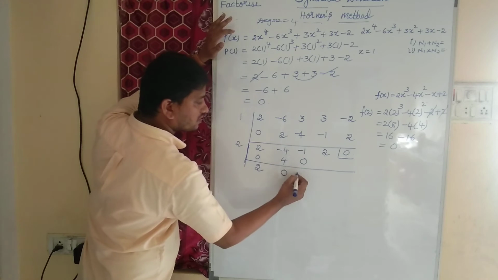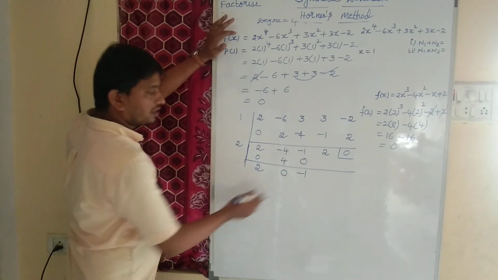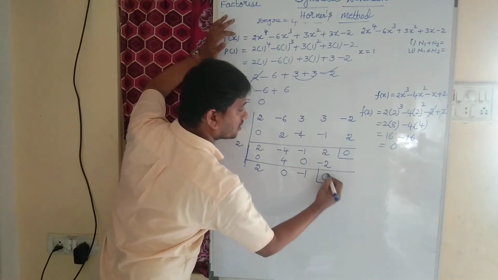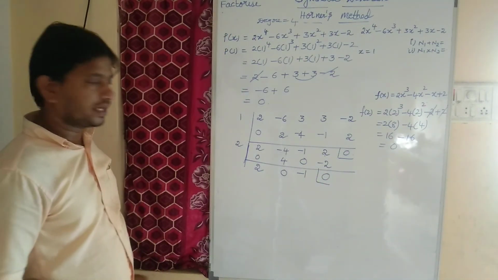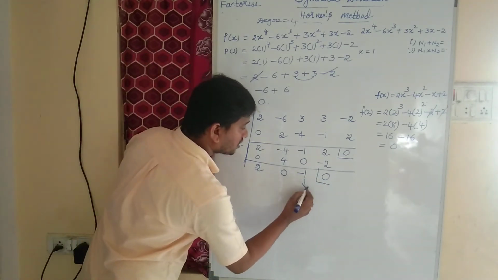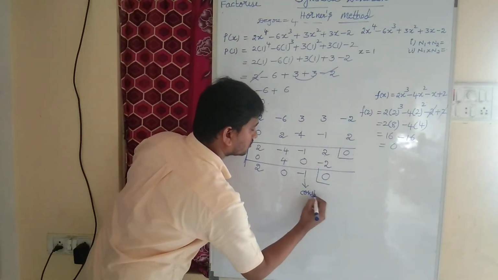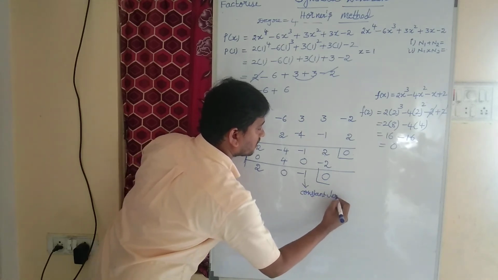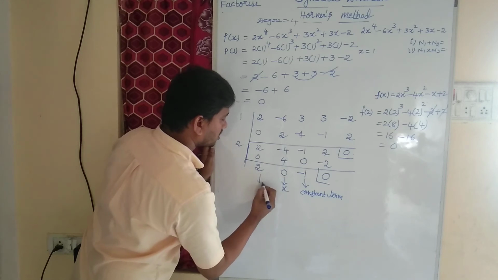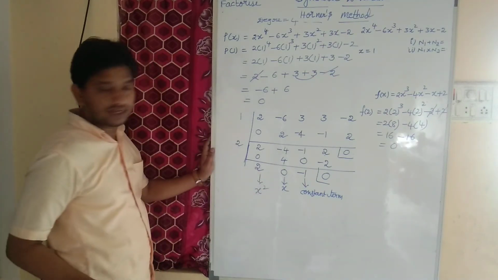So minus 1 plus 0, minus 1, minus 1 into 2, minus 2. 2 minus 2 how much, children? 0, right? Yes. Again, one term got reduced. This is our constant term. This is coefficient of x and this is coefficient of x square, right?